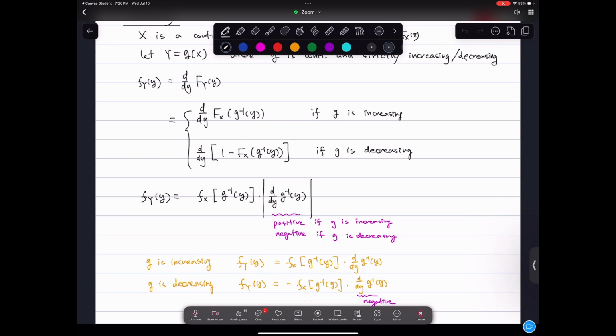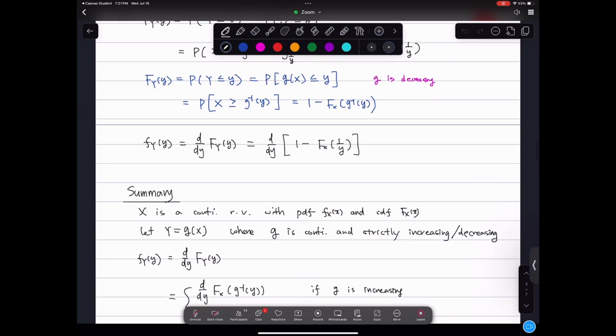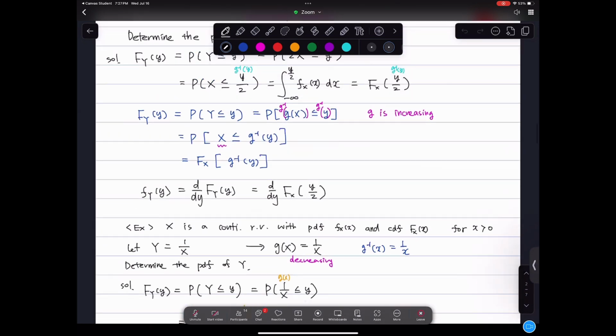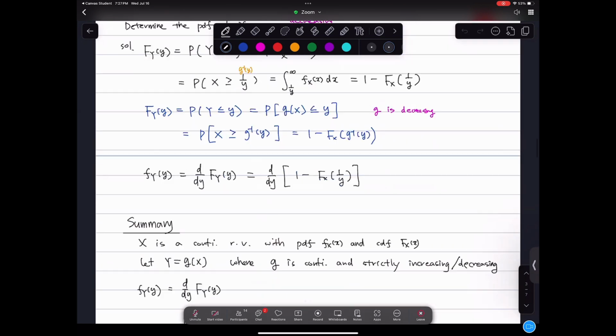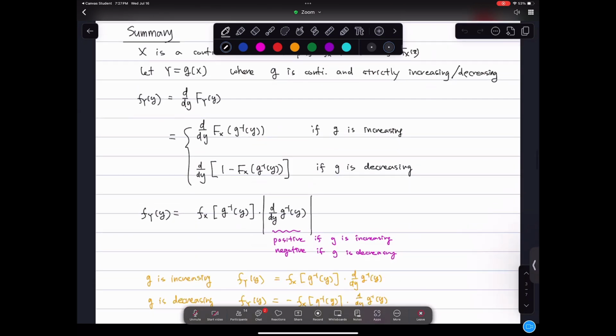I guess what does the derivative of the inverse signify? The derivative of the inverse, or the derivative of g of y. Yeah, because you have the function of x. This is not just the derivative, it is a function of x. So I have to also think about the derivative of that.